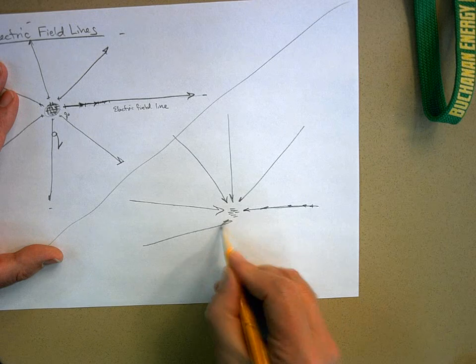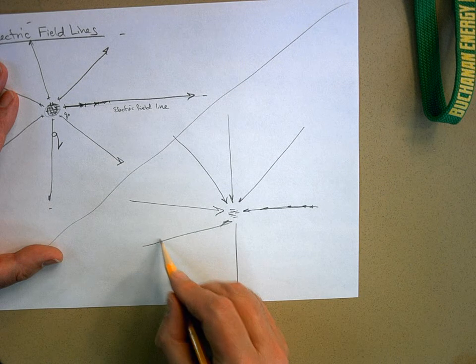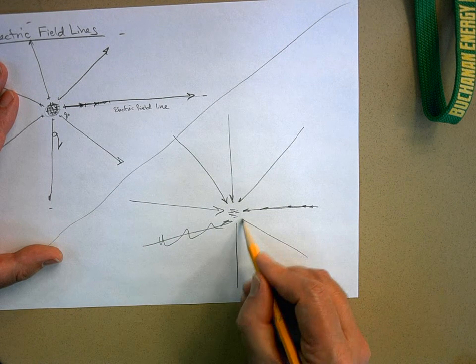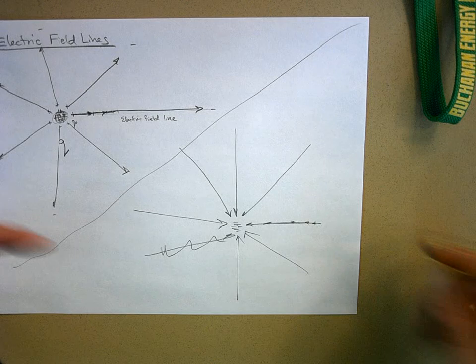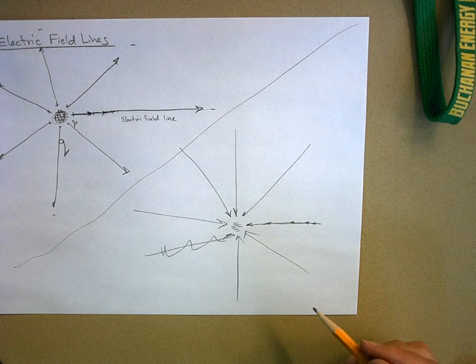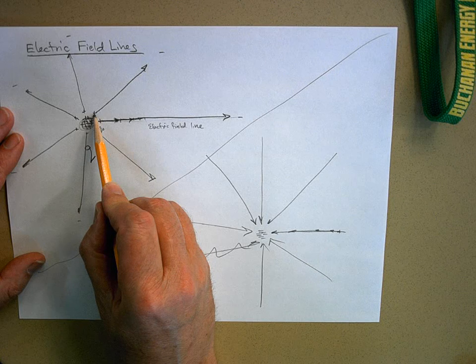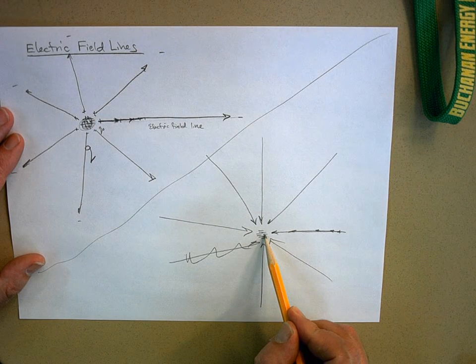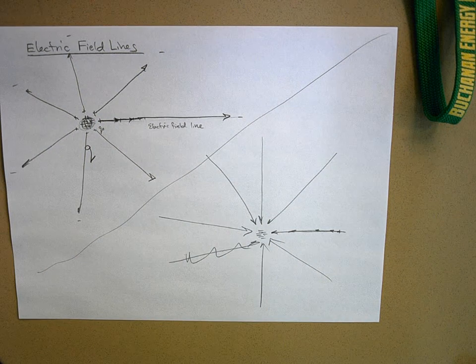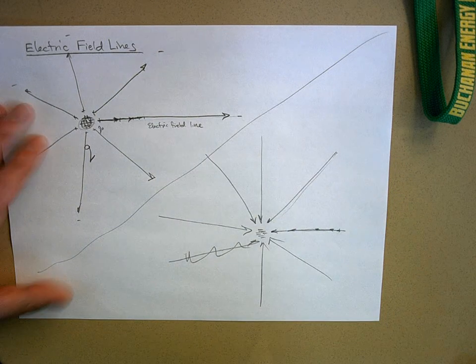Oops, that was a terrible field line. So here's one thing about field lines: they start at positive charge, and they terminate at negative charge. Draw it as an arrow. It starts and ends like that.